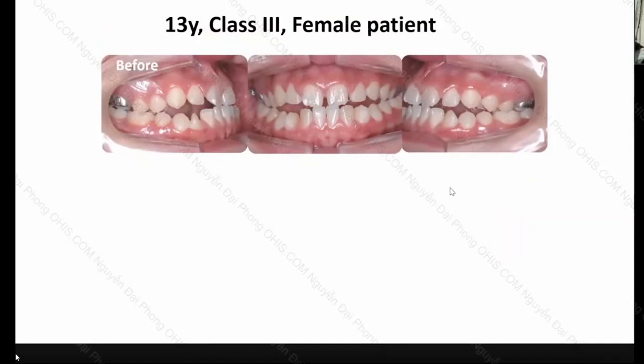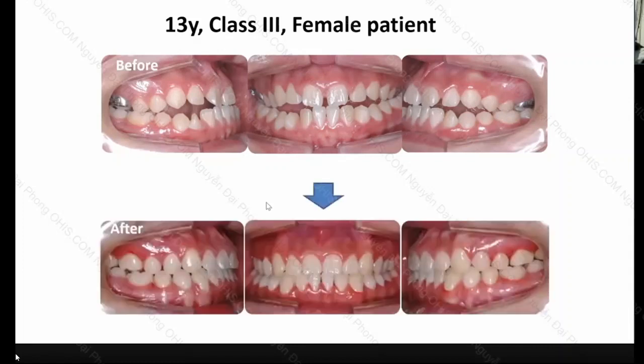Therefore, okay. Quickly, I'd like to show you a couple more class 3 treatment cases. This is a 13-year-old female class 3 patient before treatment, then after treatment like this.